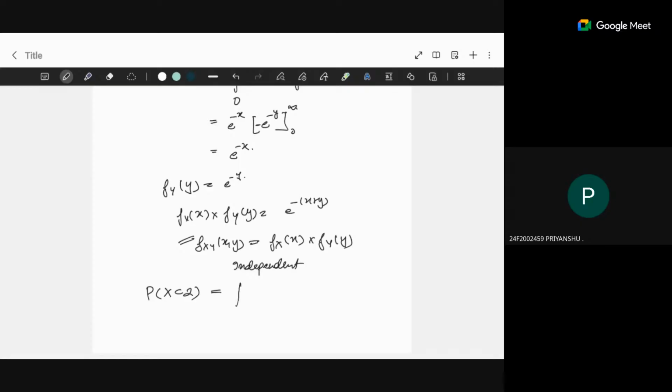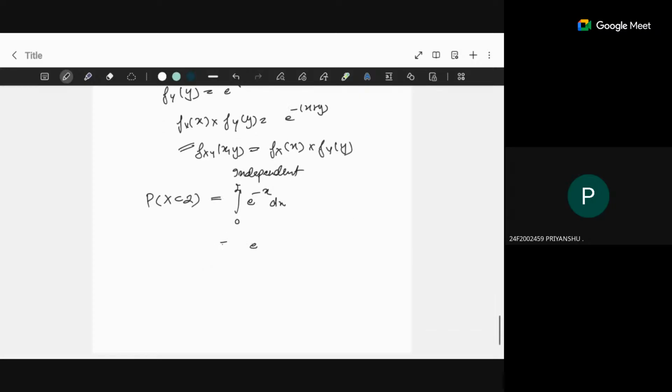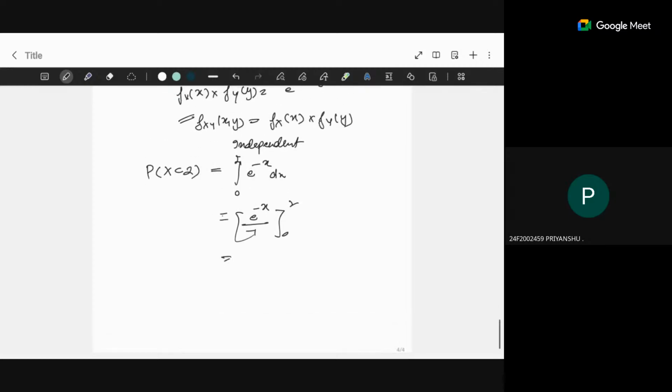So this is the integral from 0 to 2 of e raised to the power minus x dx. So this will be minus e raised to the power minus x, from 0 to 2. This will be minus e raised to the power minus 2 plus 1. So this will be 1 minus e raised to the power minus 2, right?